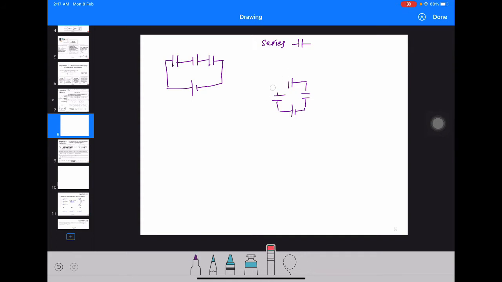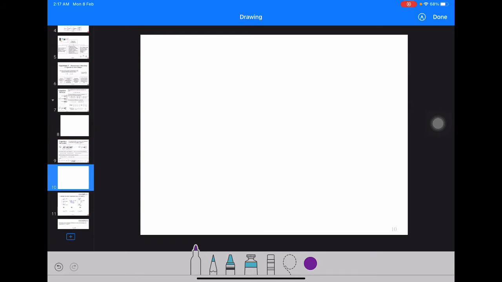I'm going to erase that one. To show you the difference, here is a capacitor arrangement in parallel. You can see clearly there's a junction here and here, so this one is in parallel.